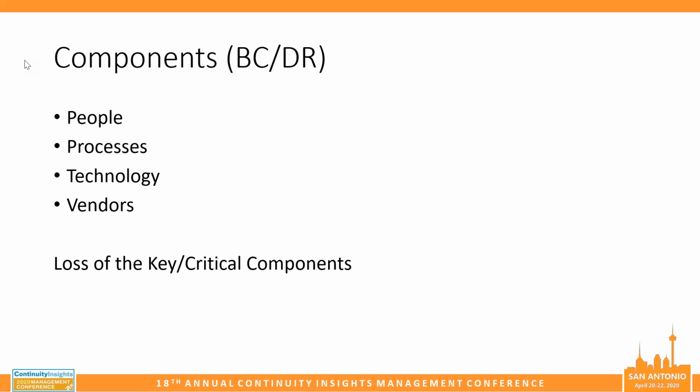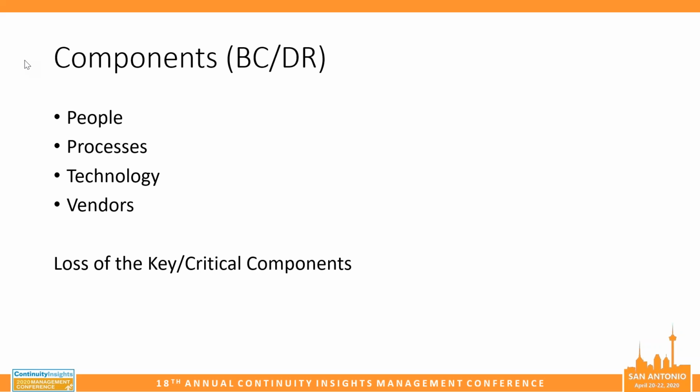First of all, in the business continuity environment, there are 4 key components. Hopefully, you've already attended some of the other training courses and you're familiar with the business continuity program in general. Those 4 components that I want to highlight are people, processes, technology, and vendors. When we think of business continuity or disaster recovery, we're thinking in terms of loss of key or critical components.